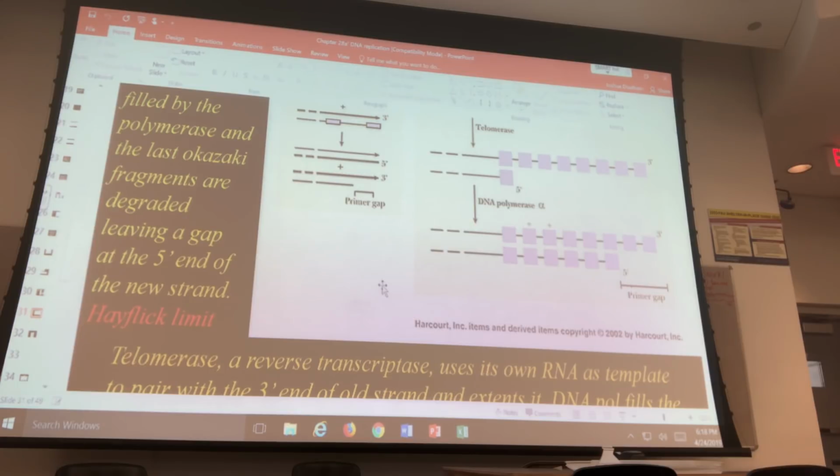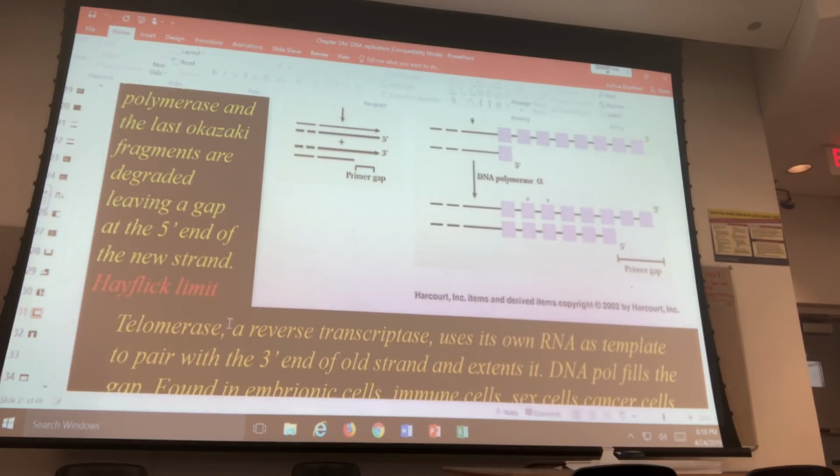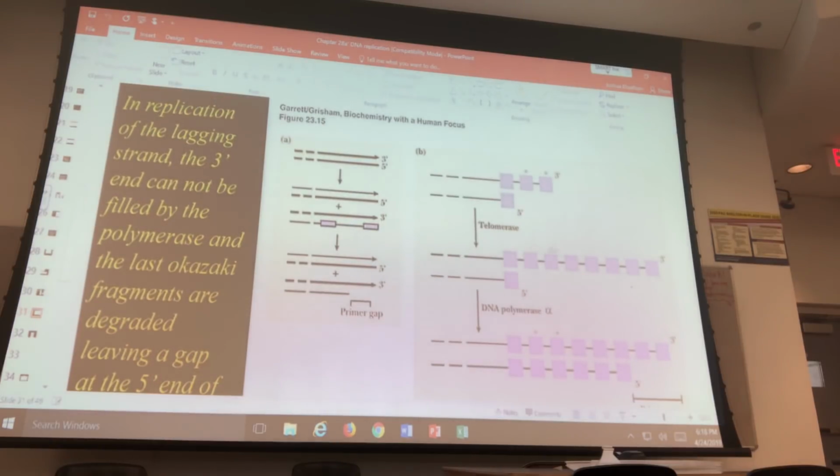Some cells, ones that replicate a lot, have the enzyme known as telomerase. Telomerase is a special enzyme because it's a reverse transcriptase, and its job, which you can visually see here, is to extend the template lagging strand. That's all telomerase's job is.